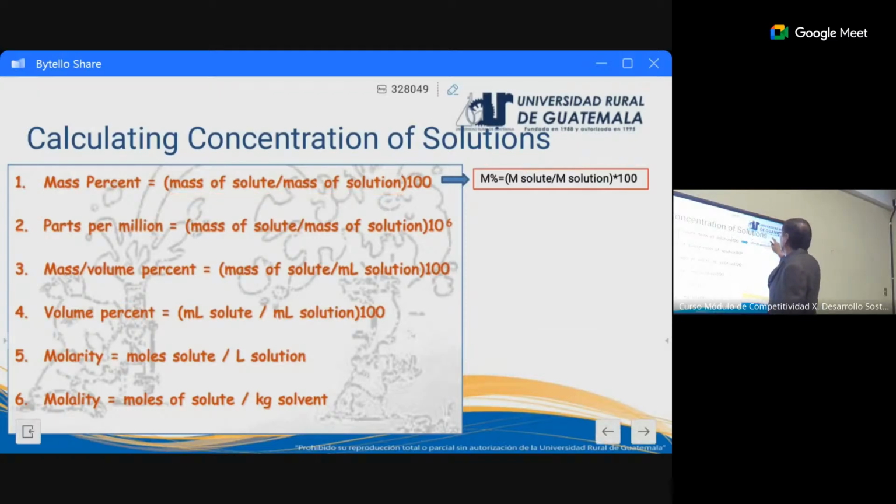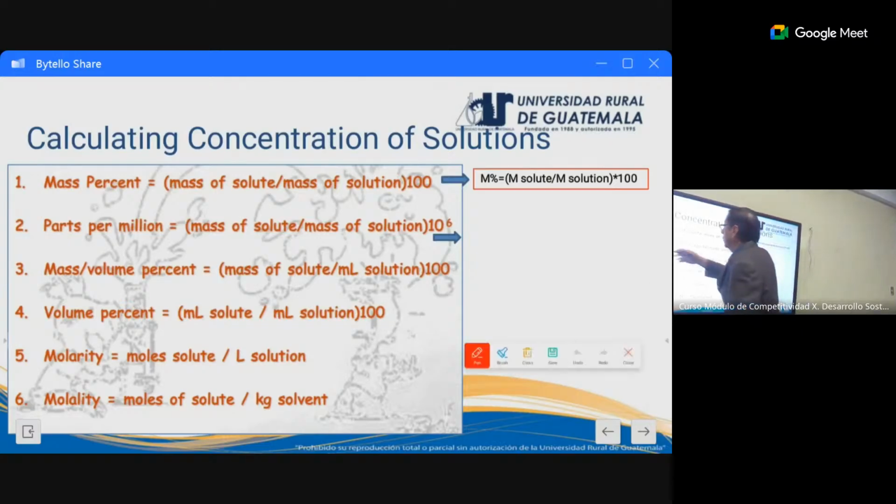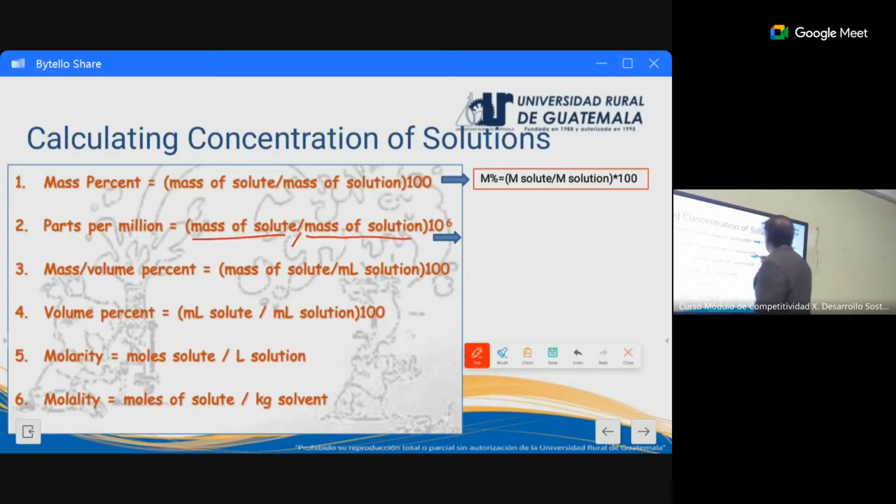Then we have the second formula, that is parts per million. And this formula, parts per million, will be equal to mass of solute divided by mass of solution, and then multiply by 1 million. Okay, but this number here represents 1 million.